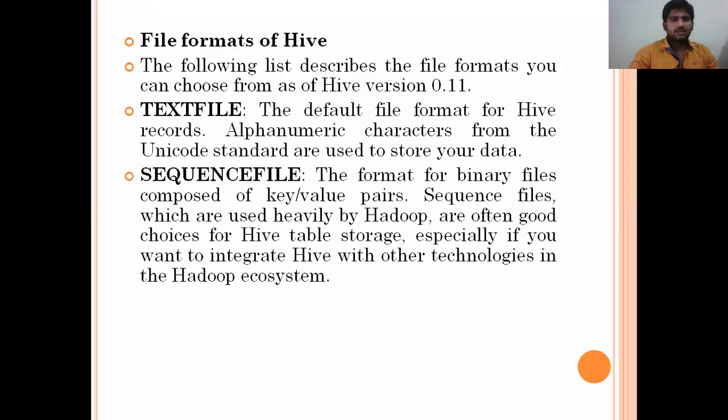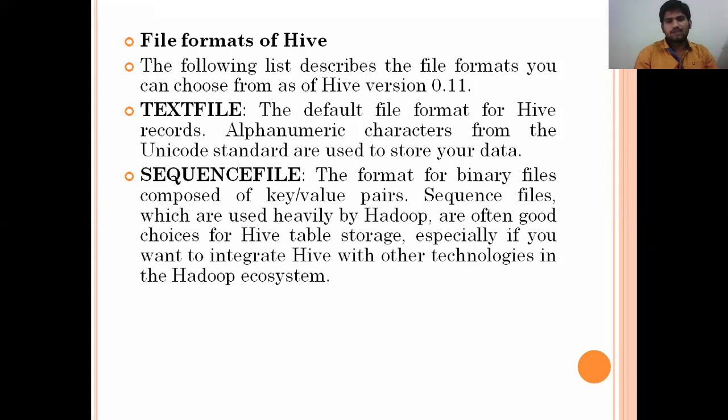The next one is the sequence file. This format is for binary files stored as compressed key-value pairs. The first one used alphanumeric characters; the second one is how we use sequence files.